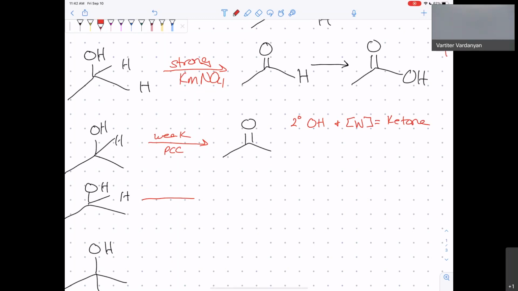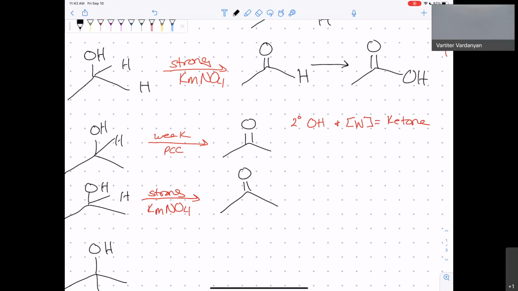Now, what if we used a strong reagent? What would it turn into? No, just a ketone. Someone tell me why. Because there's only one hydrogen.